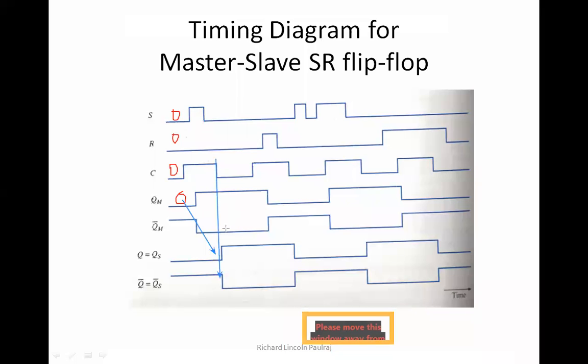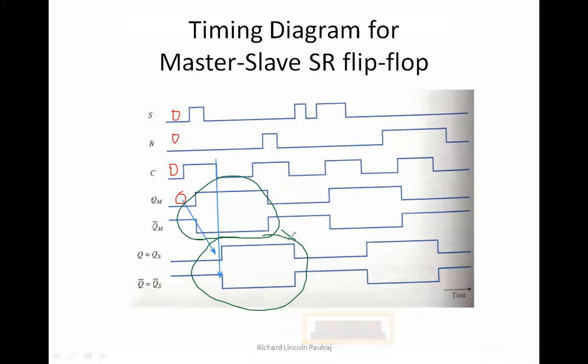So that's why you can see whatever values are here, it is passed on. See, these values are passed on here to the slave, but at the next clock cycle. So you can see that there is a small shift between the first master and the second slave. Yes or no?